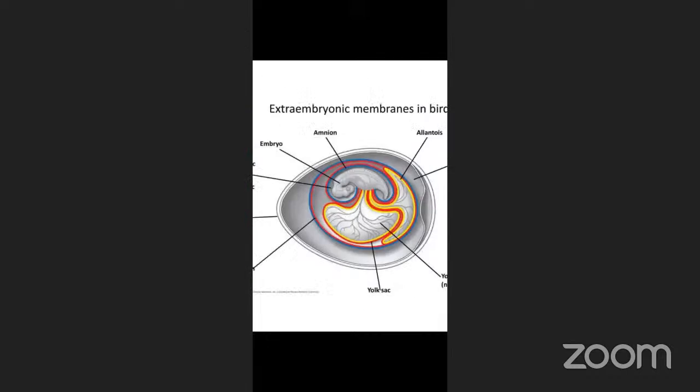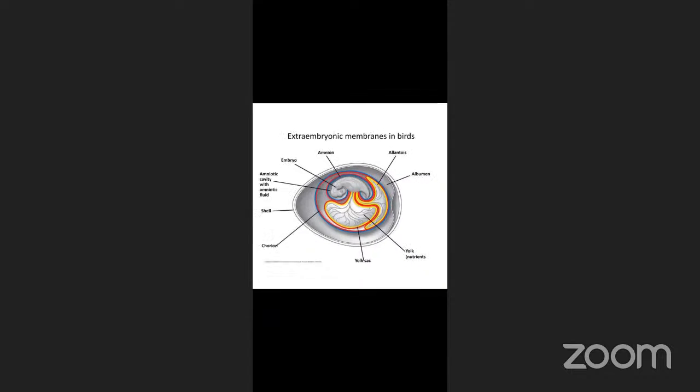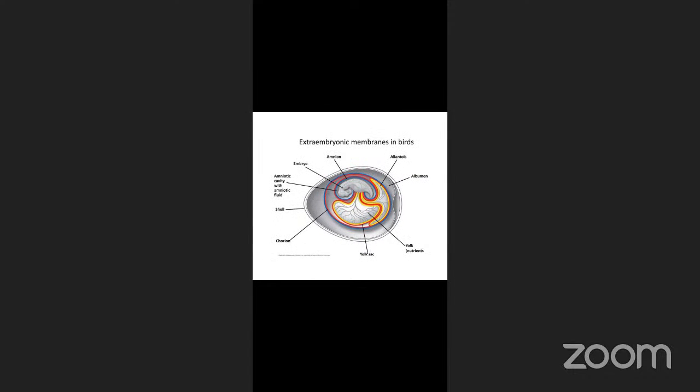So if you see here in birds, the outermost, if you see the chicken egg, you have a shell. After that, you have the albumin layer, which is made up of protein.